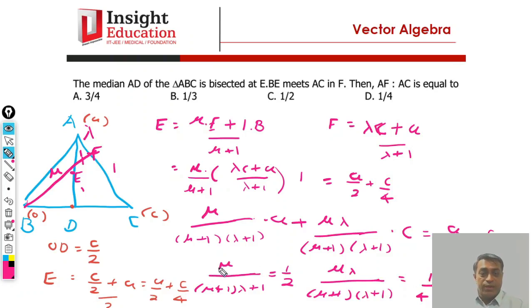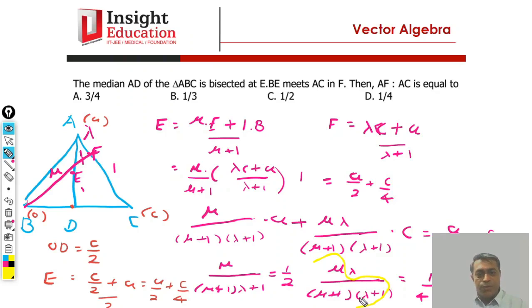So mu upon mu plus 1 lambda plus 1 is equal to 1 by 2, and into lambda is equal to 1 by 4. So I can say lambda is equal to 1 by 2.